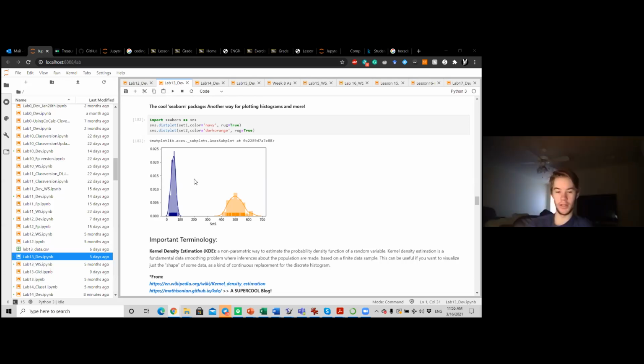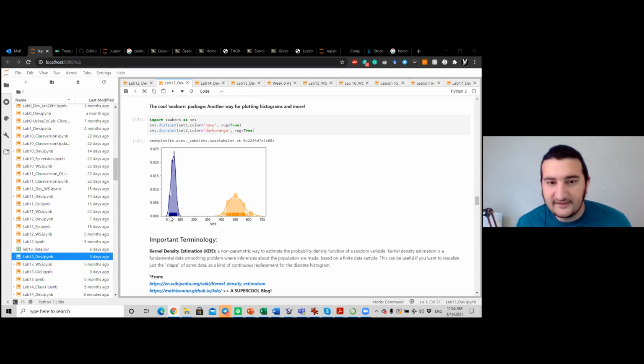Okay, well the navy one has a much higher frequency. Because you're dealing with the same number of samples, when you reduce the range, those few numbers will have a higher frequency. But when you spread the range and you're dealing with a bigger spread, the frequency is kind of lower.